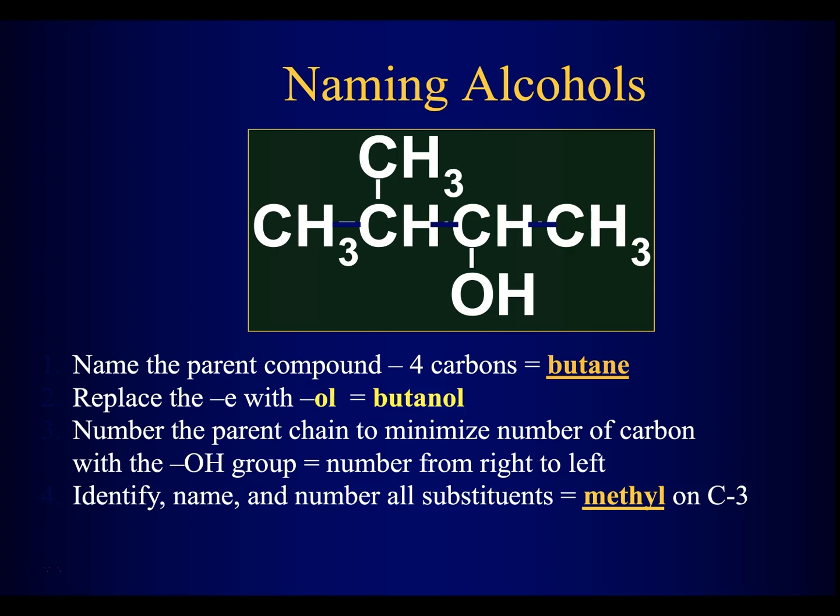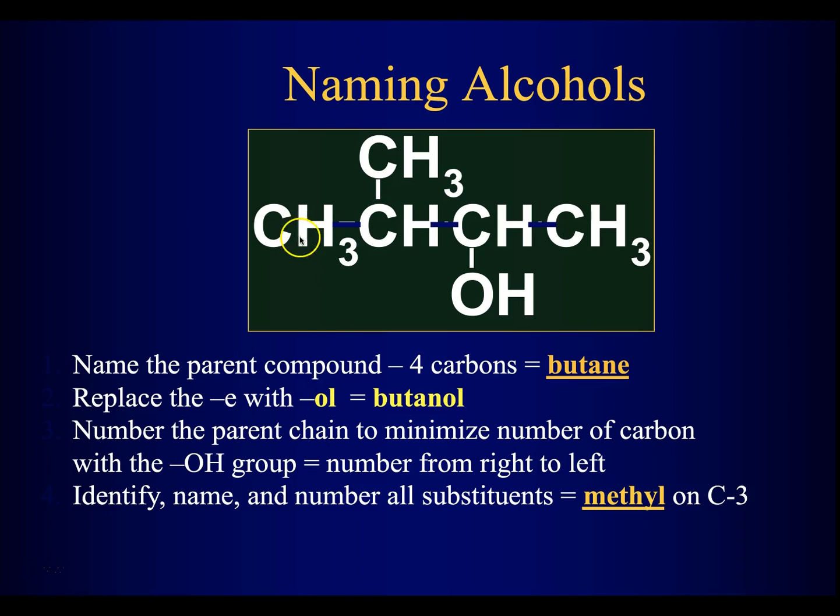So we said that we always wanted to name our special groups first as the lowest number possible. We said our special groups were something like our oxygens or something other than carbons in our chain. So in this case, I have the alcohol, so I need to give the alcohol the smallest number possible. That means I'm going to want to start on this side of the chain. My longest chain then is 1, 2, 3, 4, so it's a butane chain.